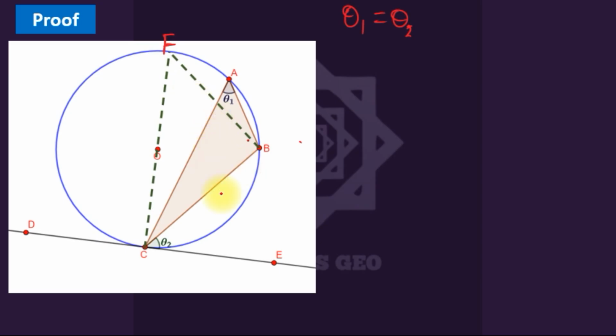So what do you notice? Since the diameter is CF, this angle must be 90 degrees, by Thales theorem. And if you look at triangle CFB, look at the intercepted arc BC. This angle must be theta 1, since this is theta 1 by the inscribed angle theorem.